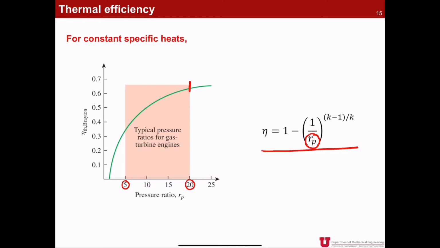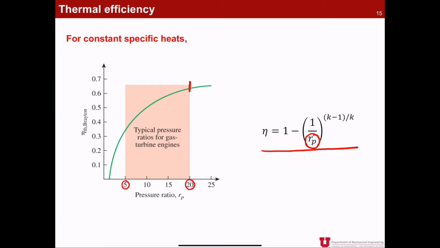In order to understand that limit, we have to understand that if you increase the pressure ratio, we also increase the temperature at the turbine inlet. Then if you really think about the material of the turbine blades, that material should have a certain limit that endures that high temperature gas.